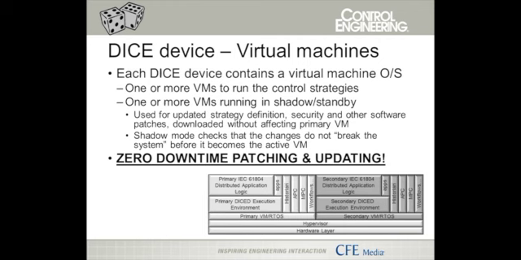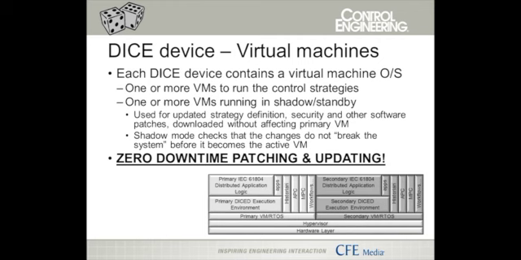And the idea here is really to support the patching and the updating, which is the bane of industrial automation systems. It's the real problem in industrial automation systems because you have to shut things down in order to patch. How many of us are behind on our Microsoft patches because we can't afford to shut the system down?